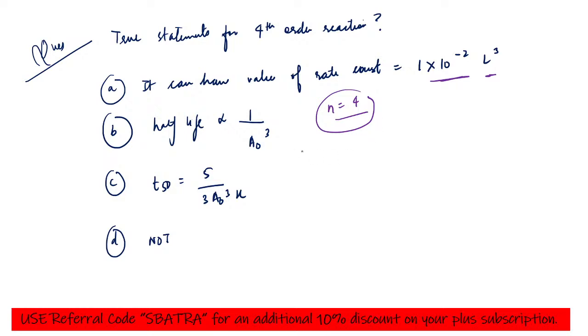The rate constant K is concentration to the power 1 minus n, per second. Now if I put n equal to 4, we'll get some value of concentration, which should have moles and liters. But over here we do not have any seconds, liters or moles. So definitely this is an incorrect statement. Option A is incorrect.